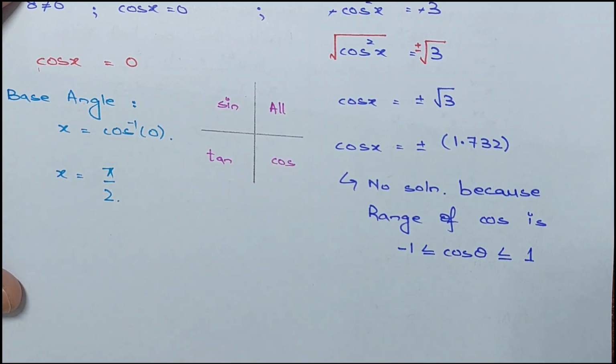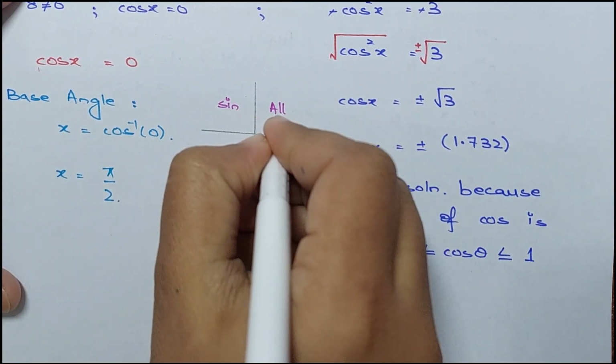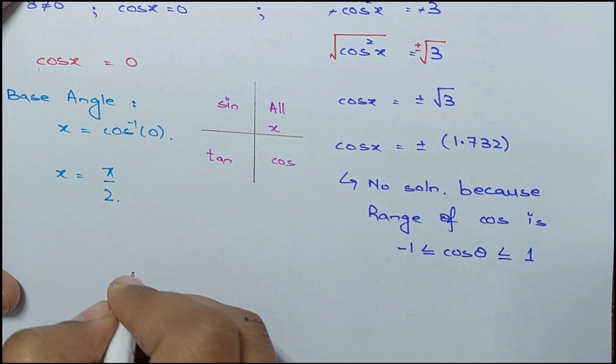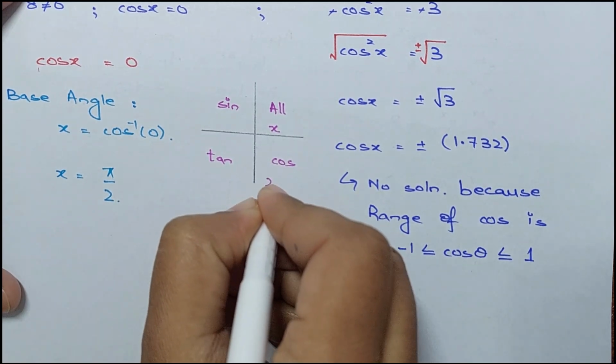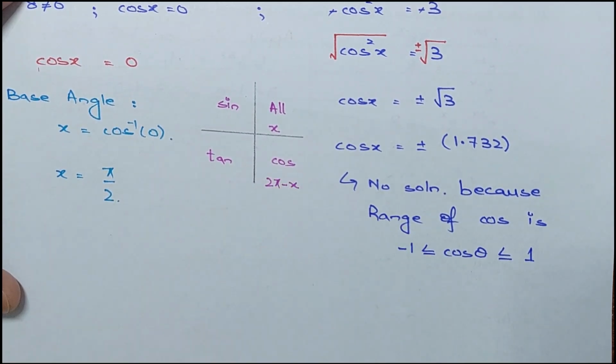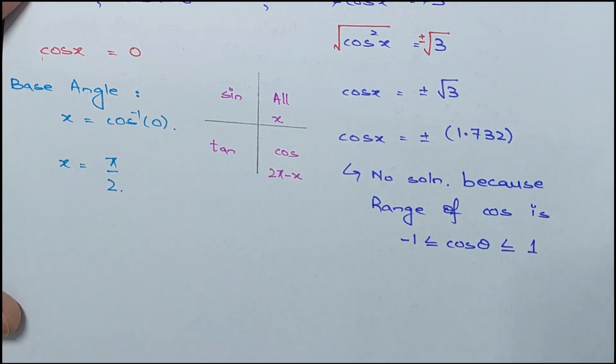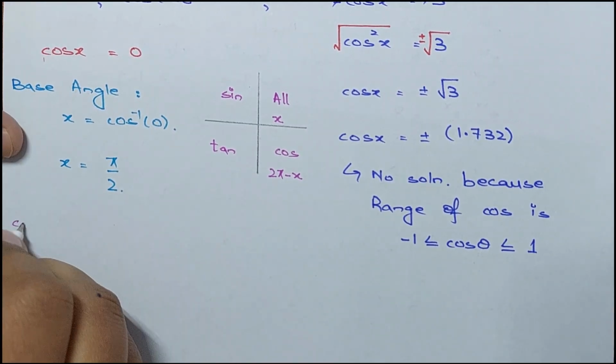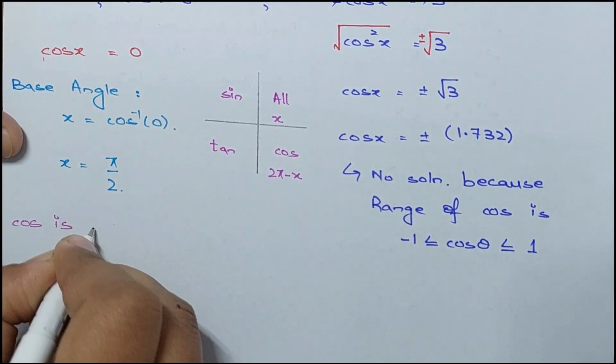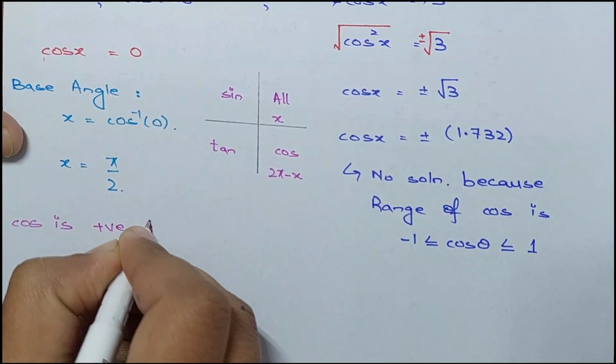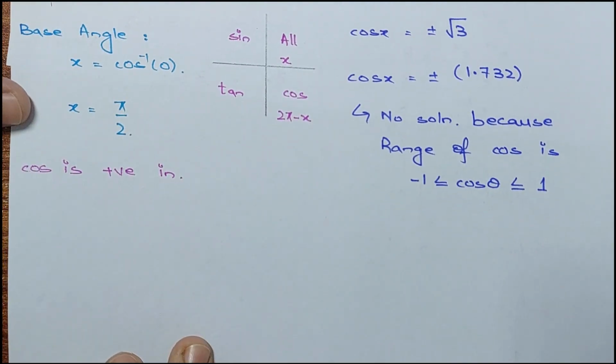In the first quadrant, the value of x is the base angle, and in the fourth quadrant, its value is 2 pi minus the base angle, right? Now we can say cos is positive in the first quadrant.